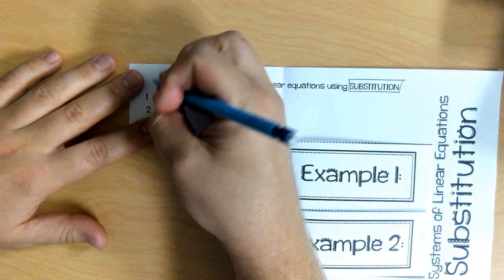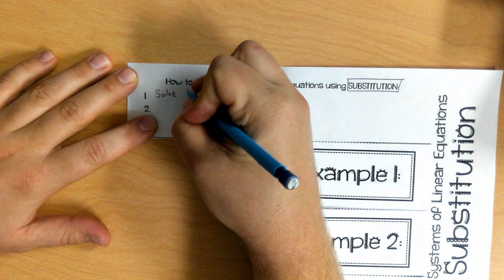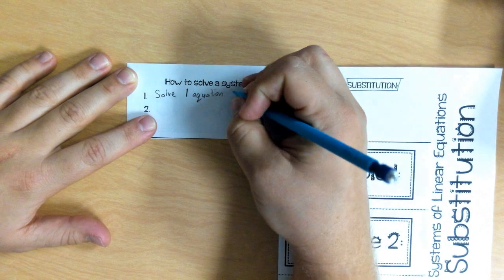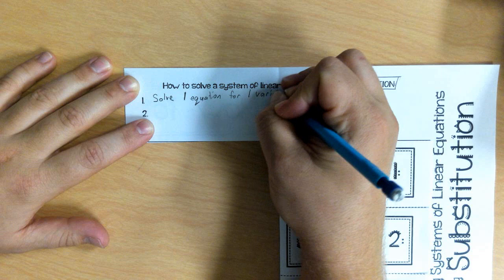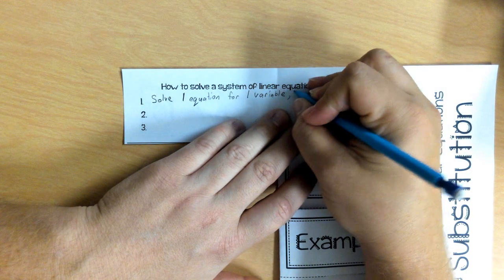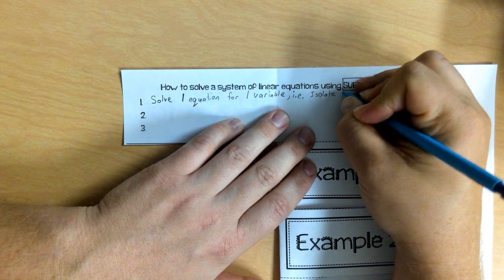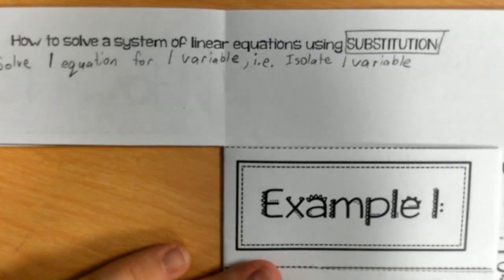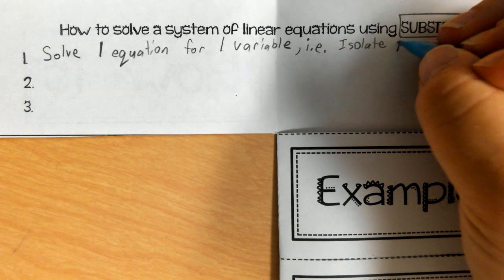The first step is to solve one equation for one variable, i.e. isolate one variable.